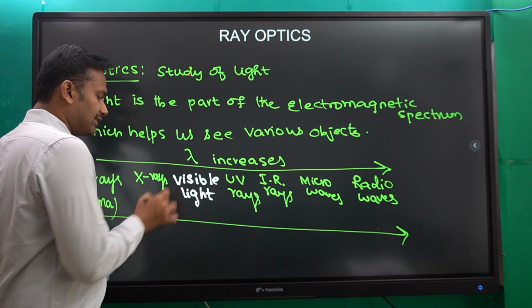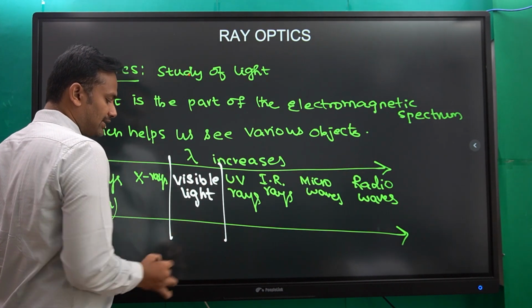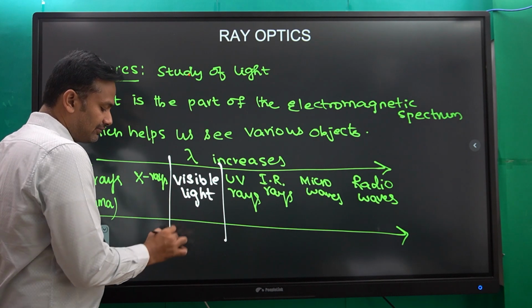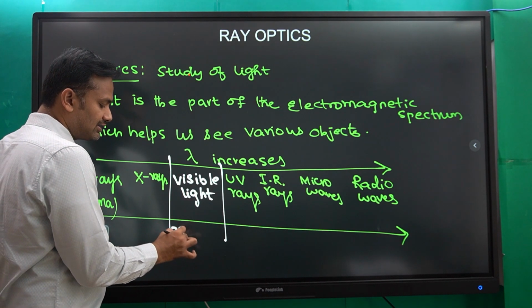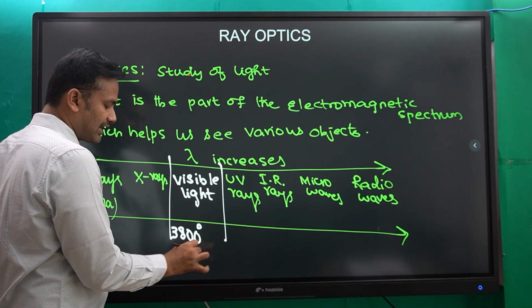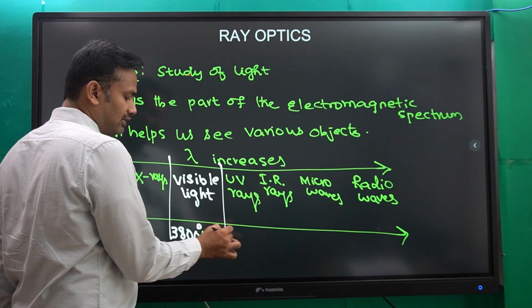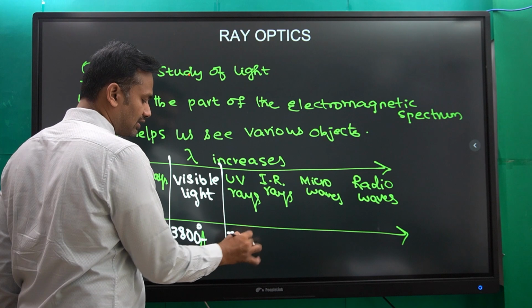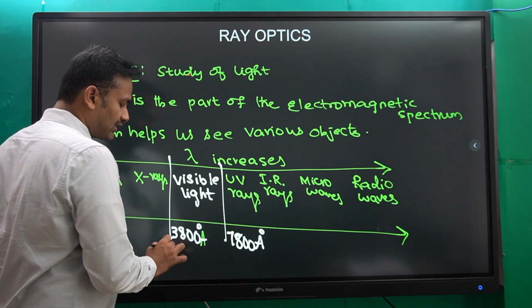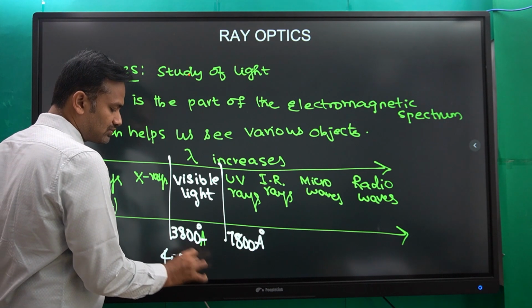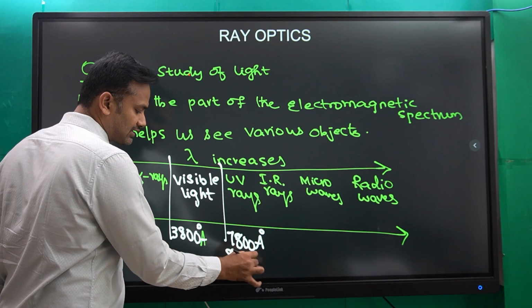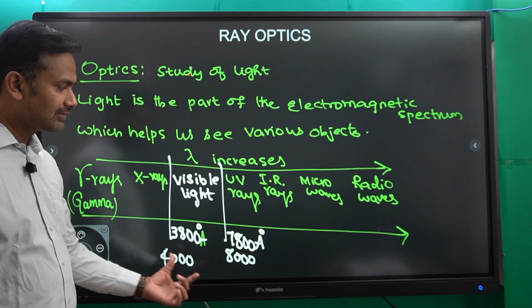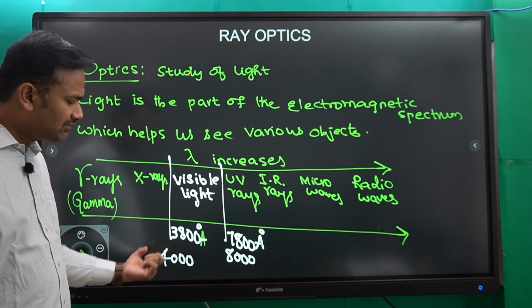And in this part, the visible light is approximately 3800 angstroms to 7600 or 7800, or we may say approximately 4000 angstroms to 8000 angstroms. The visible light lies in between this range.